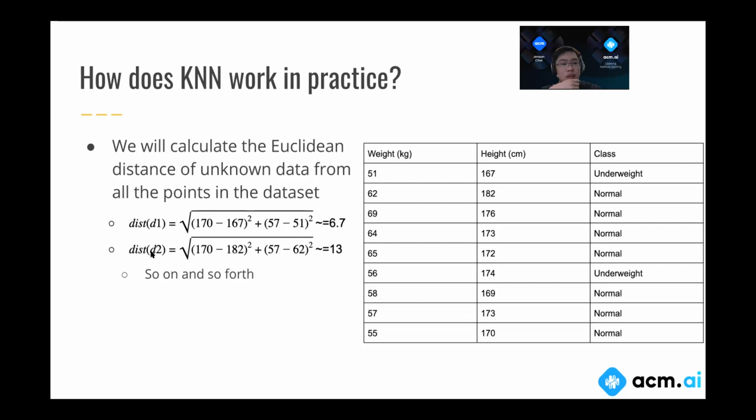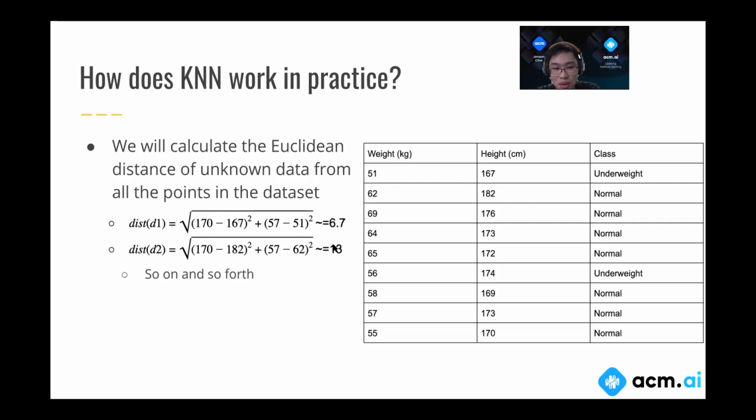And so we'll basically calculate the Euclidean distance of the unknown data from all of the points in the data set. So we're basically calculating the distance for the first training example, so it's the first row, and then we're doing it for the second row here.